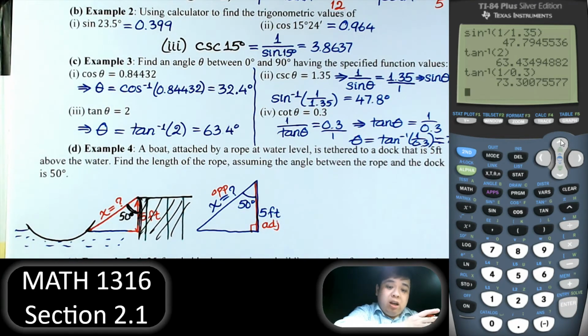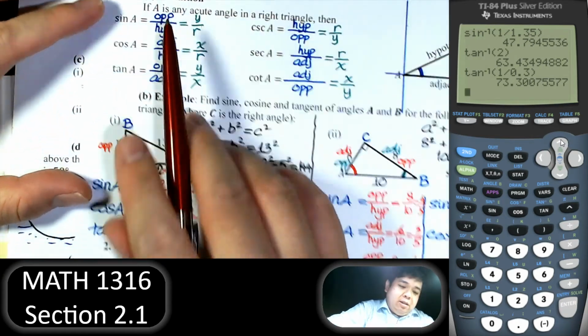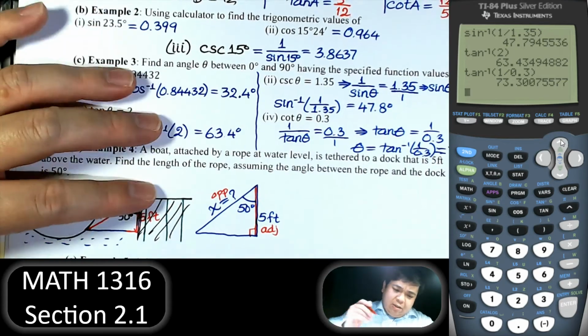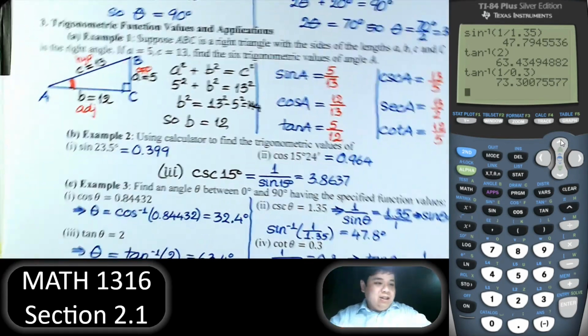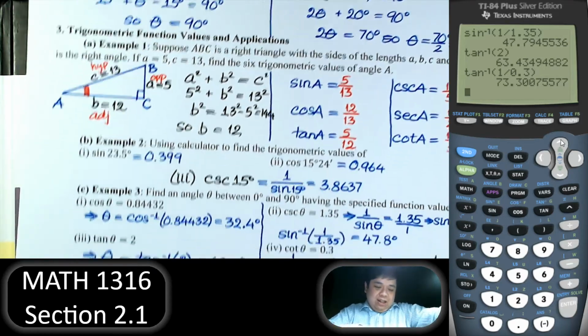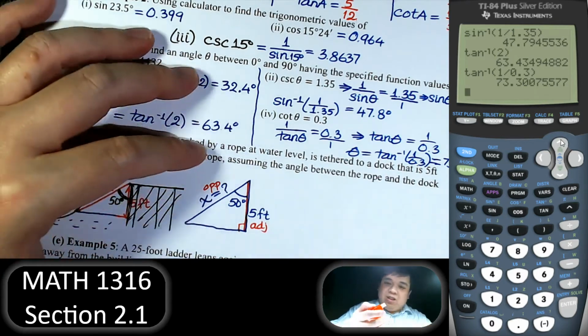So that could be sine. I'm sorry. Opposite. So what do we have? I know where the problem is. Sorry. Yeah. x is the hypotenuse. That is the longest side, right?